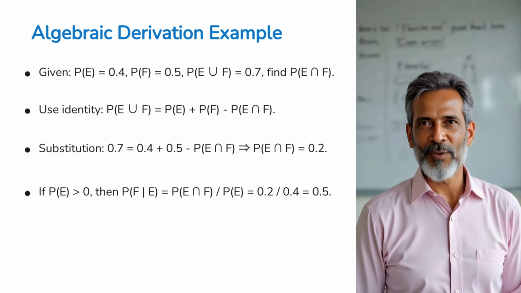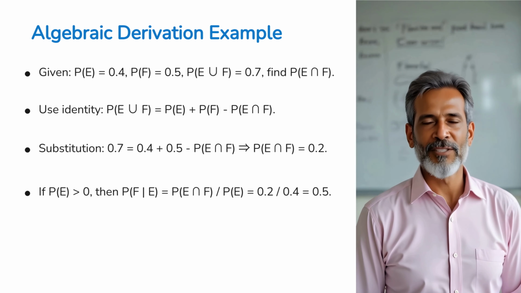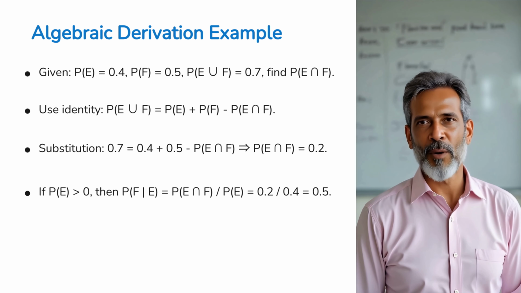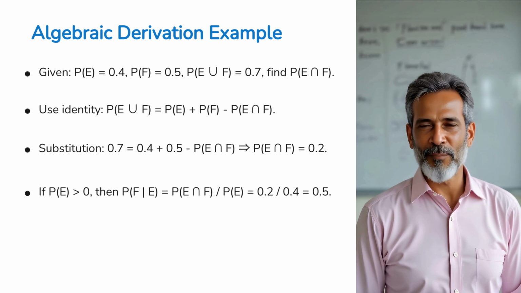Here's a neat algebraic application using set intersections. Suppose P of E equals 0.4, P of F equals 0.5, and the probability of union P of E union F is 0.7. We want to find the probability of both events happening together, that is, P of E intersection F using the formula for the union.